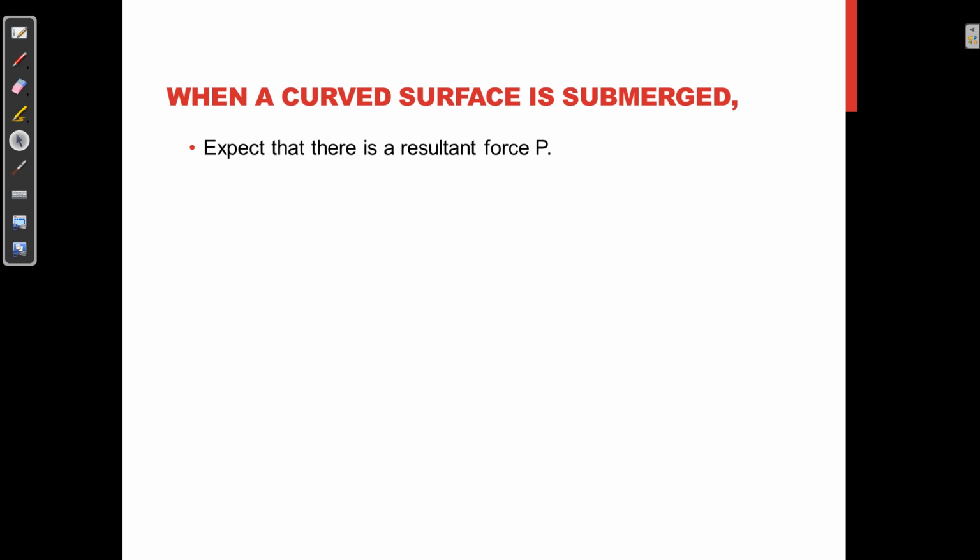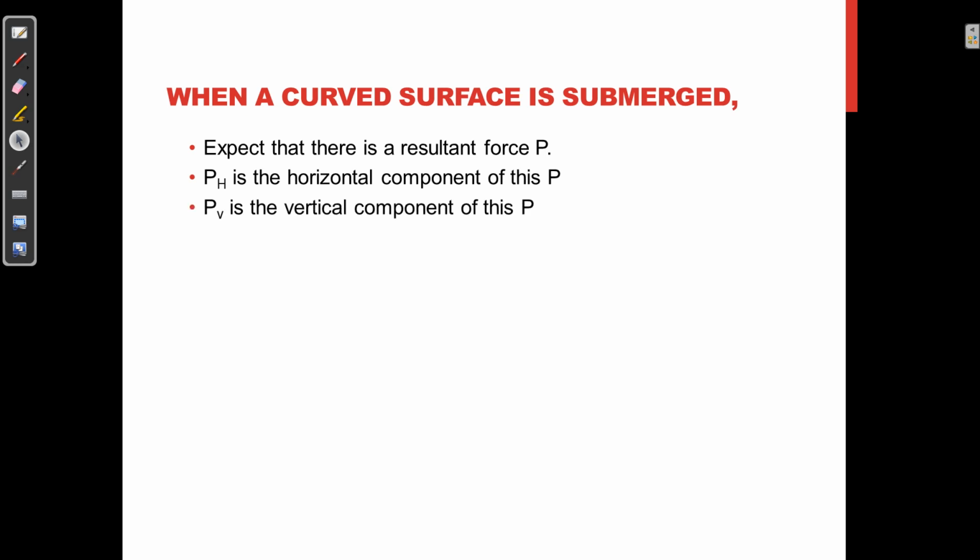So it is expected that there is a resultant force P. Now since it is a curved surface, we will have a horizontal component of this P denoted by P sub H, and another component under vertical of this P denoted by P sub V. So as usual, the resultant is computed the way it is, the square root of the sum of the squares of these two components.